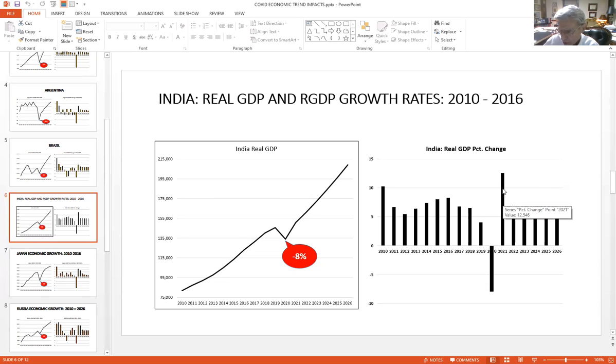And yet what we see here is an anticipation of 12.5% growth in the current year. We'll see if that's true, but it certainly is possible. On the other hand, in another video, I'm going to show you some of the domestic impacts of coronavirus in India, which make us wonder whether that kind of growth really can be achieved.